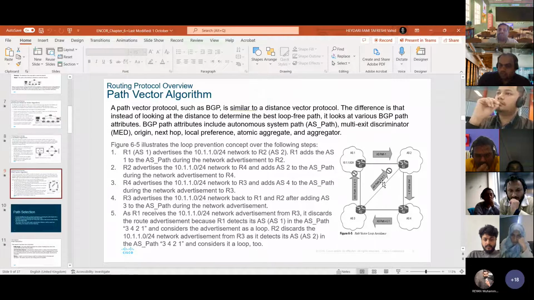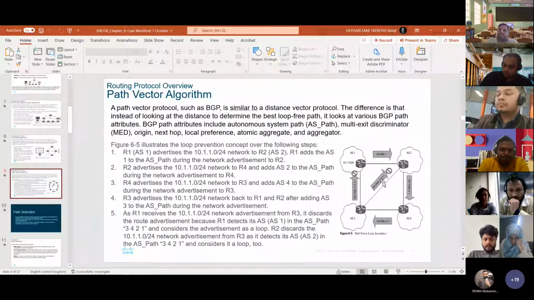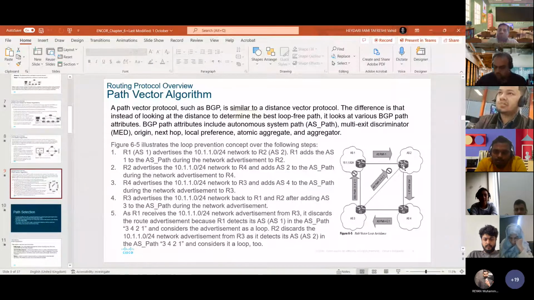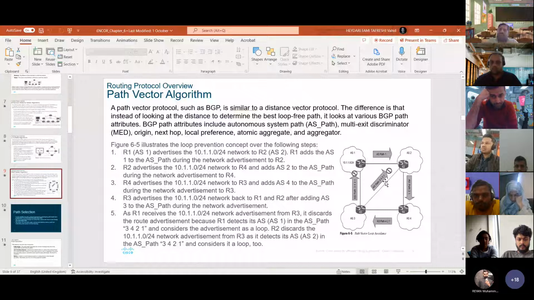Therefore, there is no point in installing it because it causes a loop. Always remember I told you that routers not only select the best path, but also select the loop-free best path. Because AS2 can see its own AS number in the BGP update message that it received, there is a loop here. I'm not going to install this one on my router, R2. The same BGP update message will be sent that way, and again R3 will be added here.